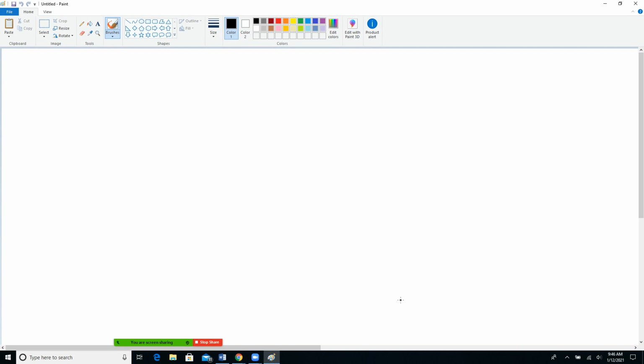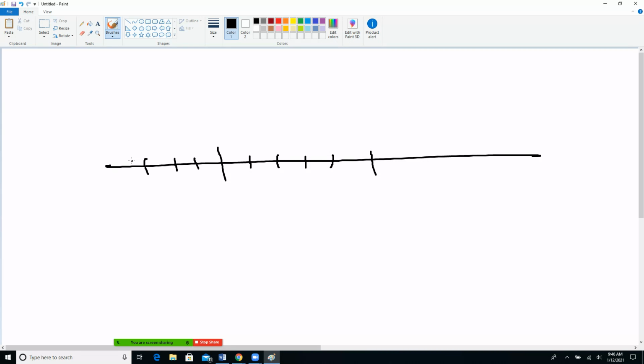If you have an inequality, say you've got this graph. And we'll say this is 0, -5, -10.